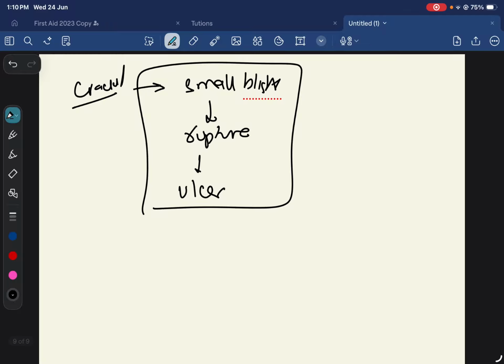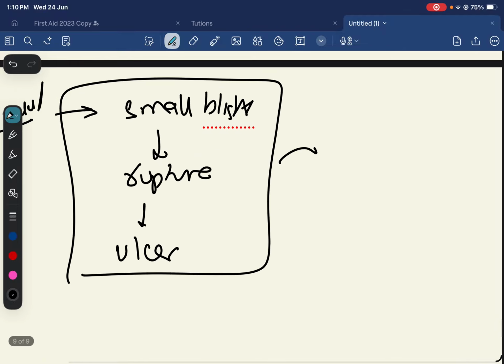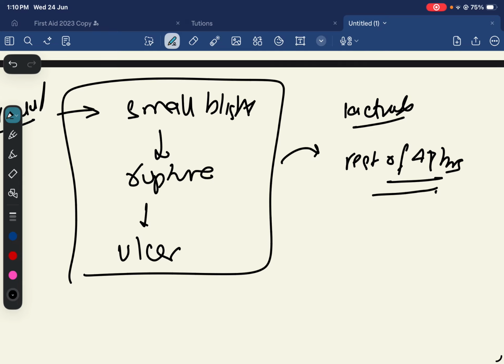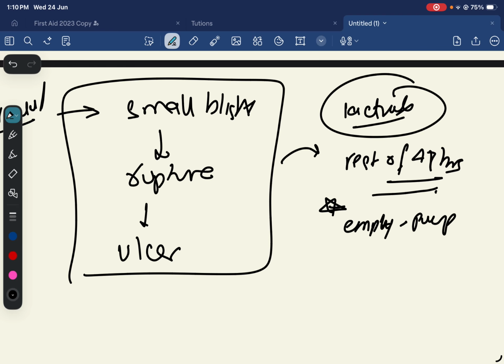If the nipple has cracked during lactation, it has to be rested. So if it occurs during lactation, there is going to be rest of 48 hours, and then the nipple is gently warmed. The lactating mother, for 48 hours, is not going to feed. She's also going to empty her breast using a pump.